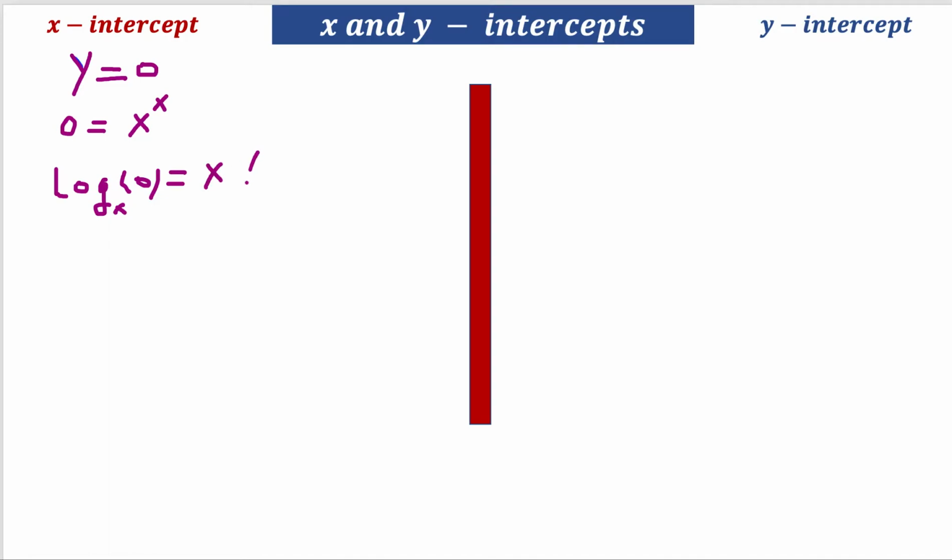And if we subtract x from both sides, it is going to be log base x of 0 minus x is equal to x minus x.